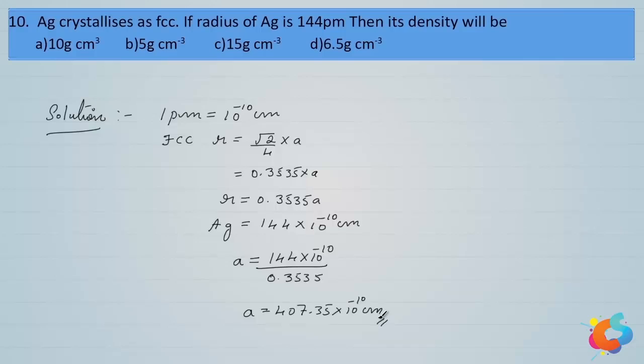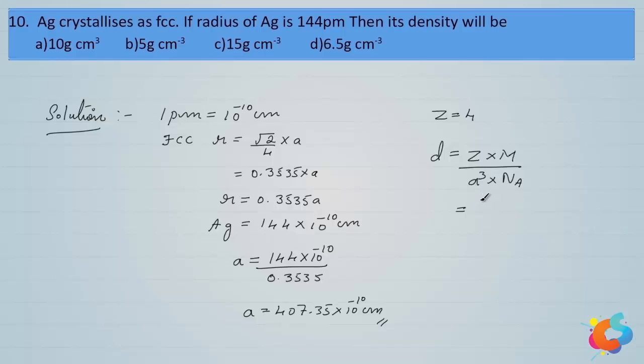And we all know that for FCC, the number of atoms per unit cell is 4. By substituting this value in the density equation, D is equal to Z into M divided by A cube into Na, where Z is 4, M is the molecular mass of silver, A cube is the edge length, and Na is the Avogadro number.